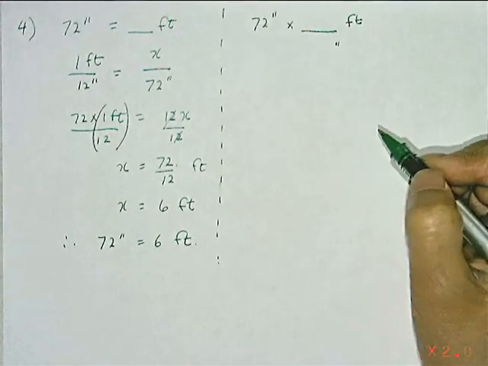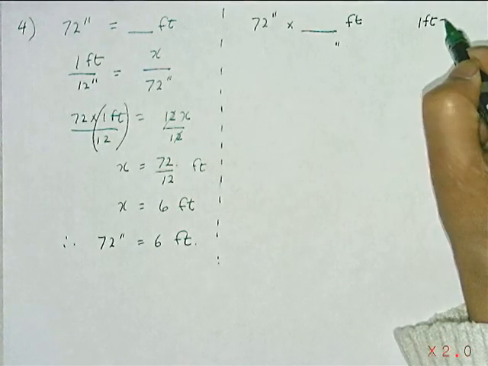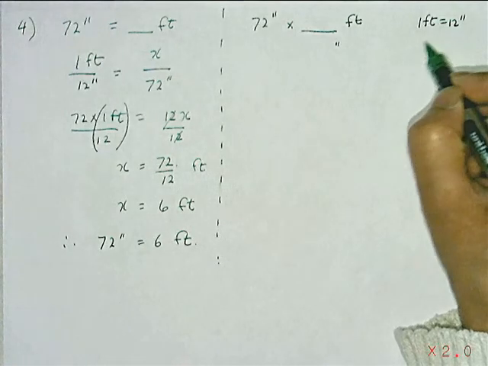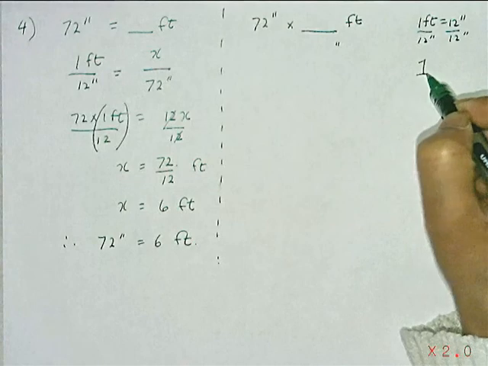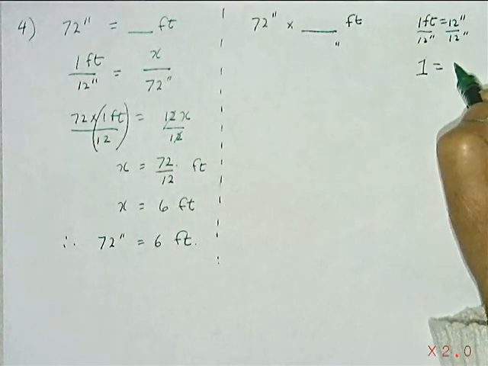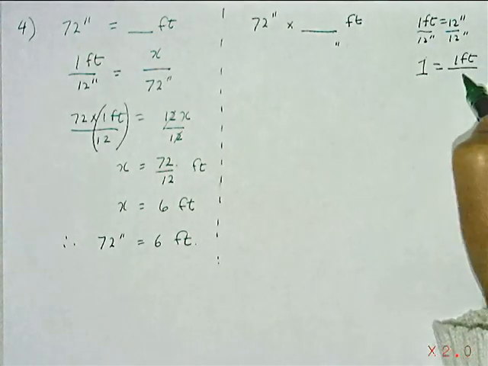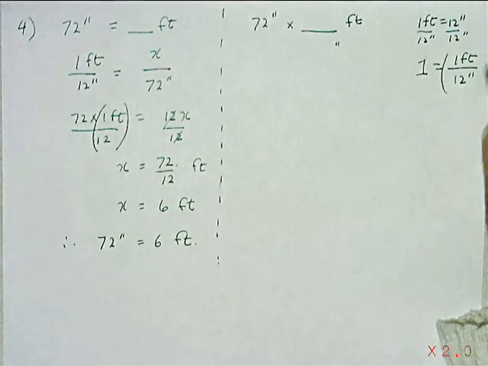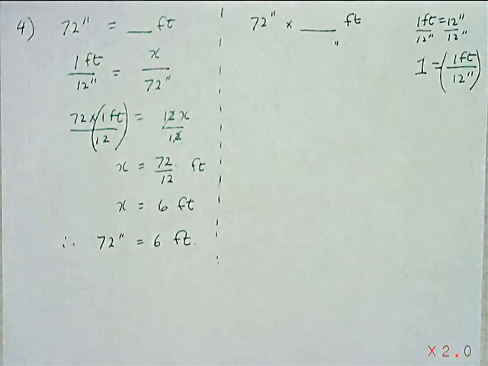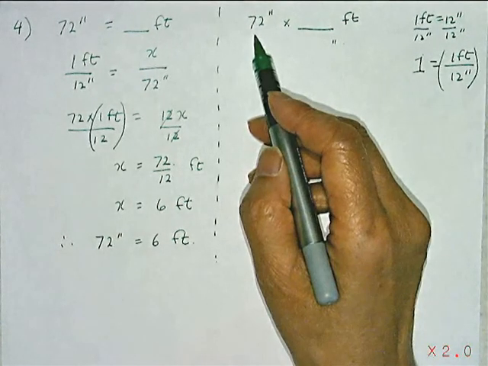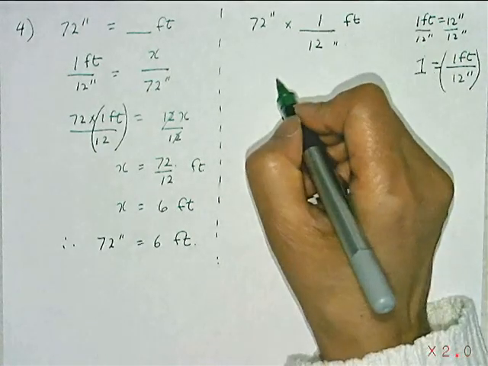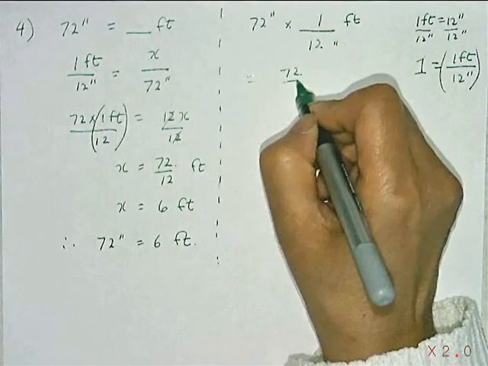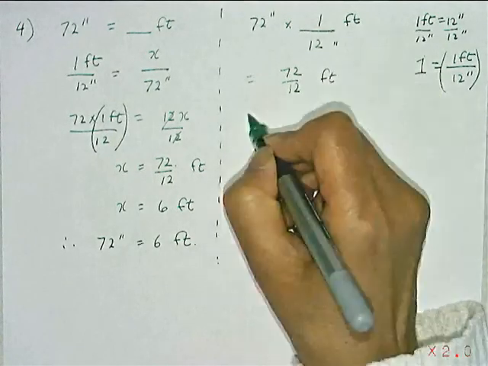We know that 1 foot equals 12 inches, so I'm going to divide both sides by 12 inches and get that 1, which is 12 over 12, is equal to 1 foot over 12 inches. So this is my conversion factor. It is nothing more than the number 1, and I'm going to multiply 72 inches by 1 foot over 12 inches. And then I would get 72 times 1 divided by 12 feet, which is 6.